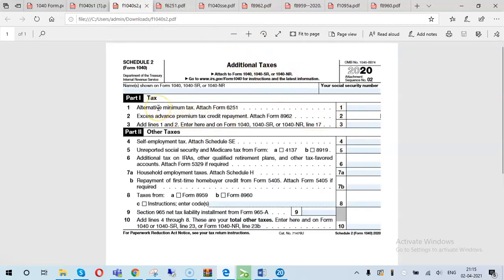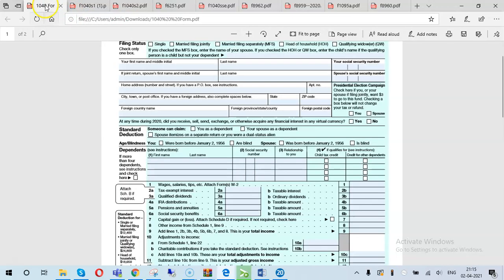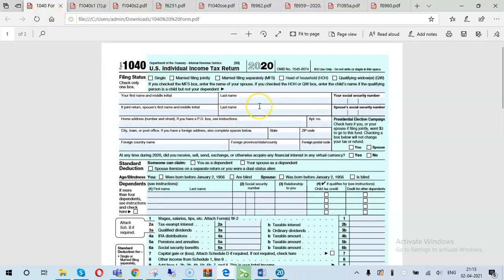So line number 1 and line number 2 should come together in line number 3 of Schedule 2, and this should flow. You can see the instruction: lines 1 and 2, enter here on Form 1040 line 17. So I am going to line 17 of Form 1040.